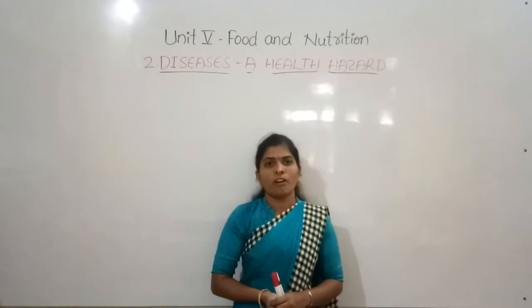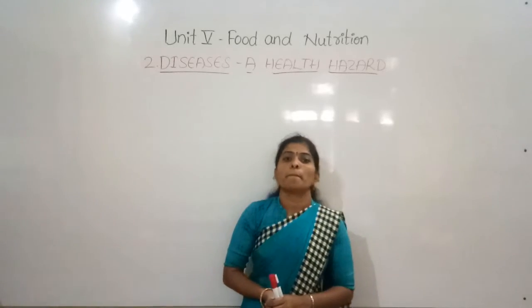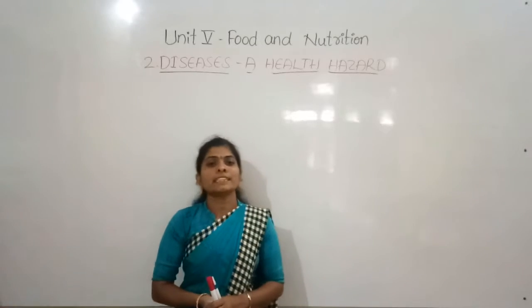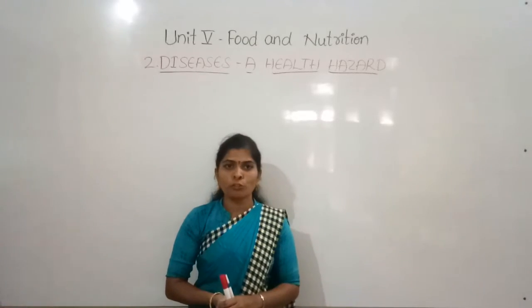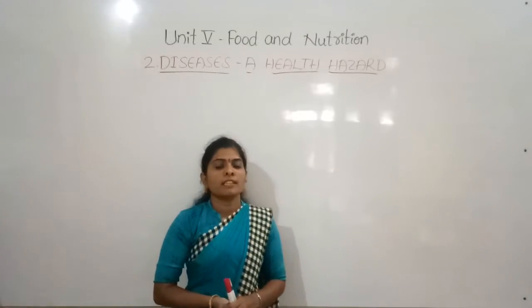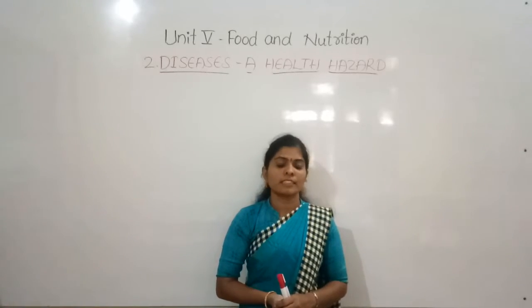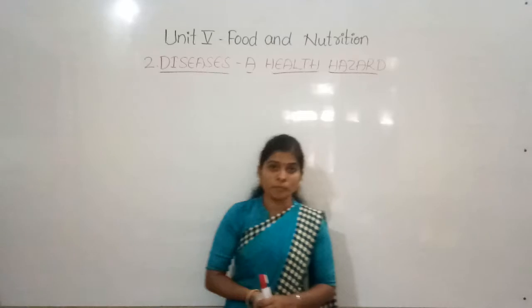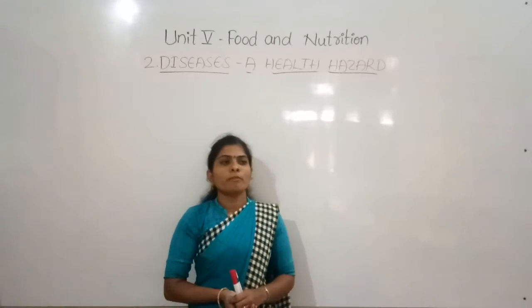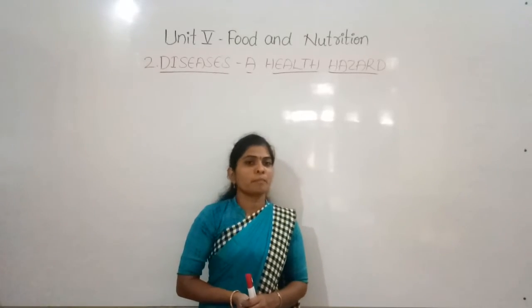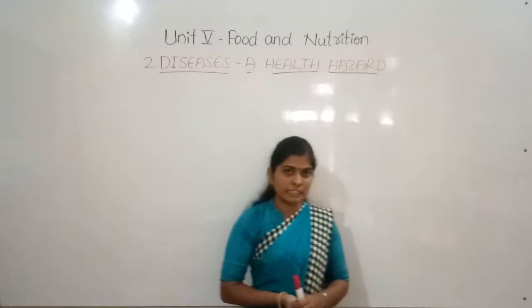These diseases are caused by microbes, and these microbes are microscopic organisms which can cause diseases, the microbes or germs we can say. But not all the microbes present cause disease.